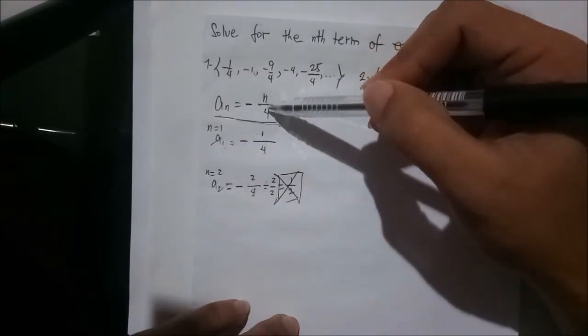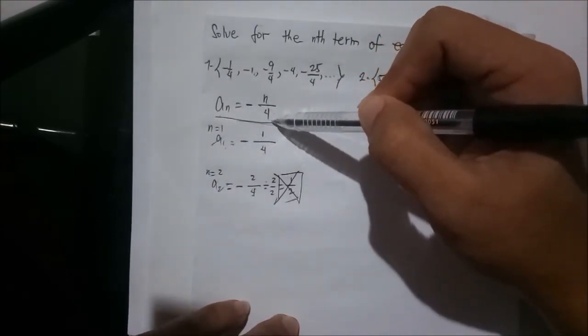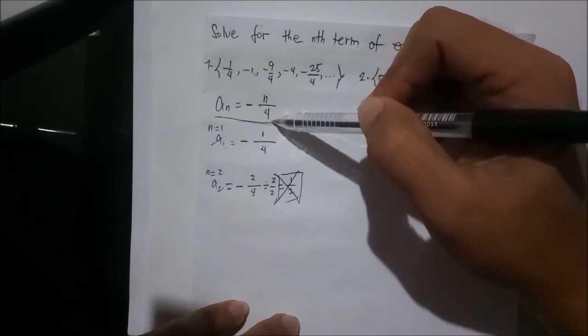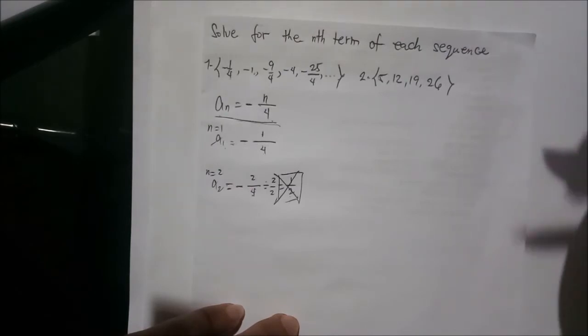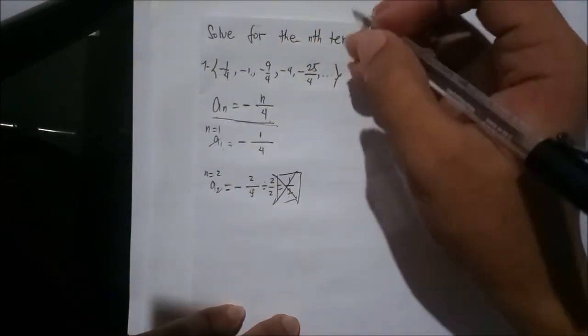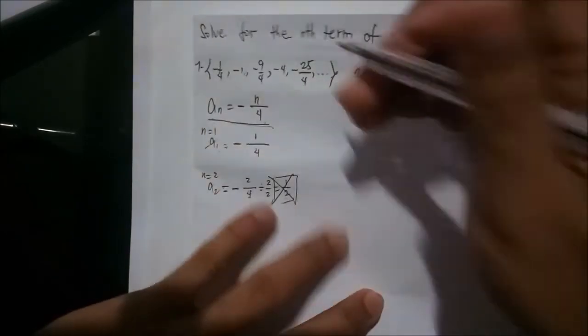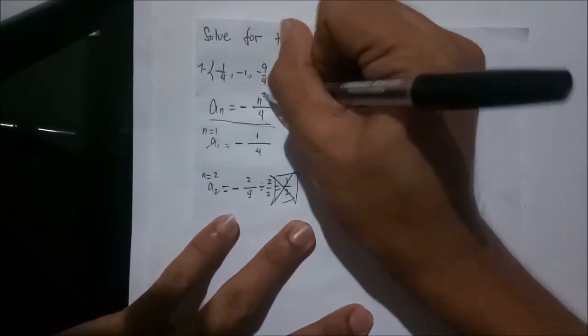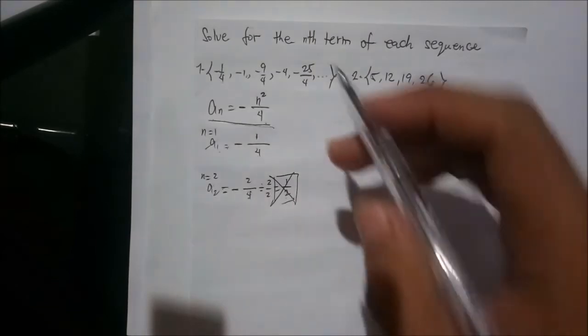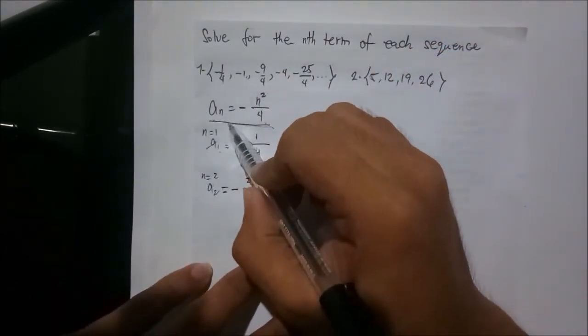If your n term is not correct, then something is lacking. So what do you think is lacking? Let's try to predict that n has the power of 2. What do you think your answer is?